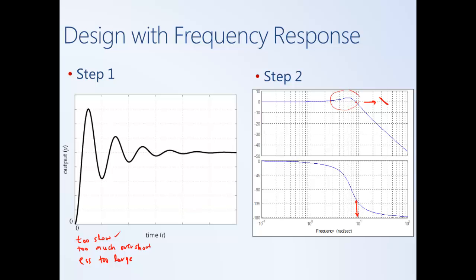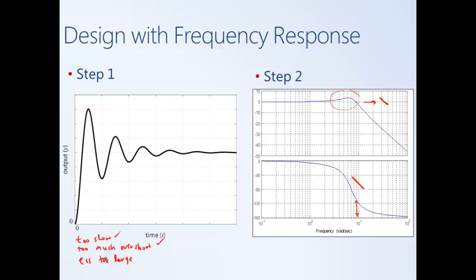So that gives us an indication of phase margin and gives us an indication of overshoot. So we want to increase the phase margin. In particular, we want to bring it up at the system's new gain crossover frequency. So it may not be at this location any longer. It may be pushed out.